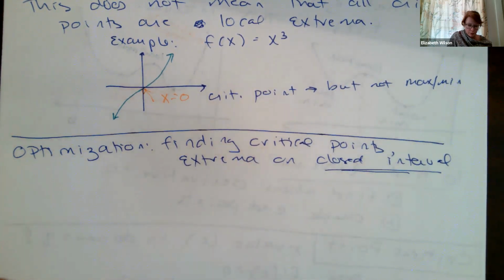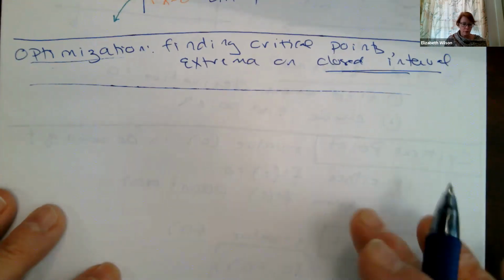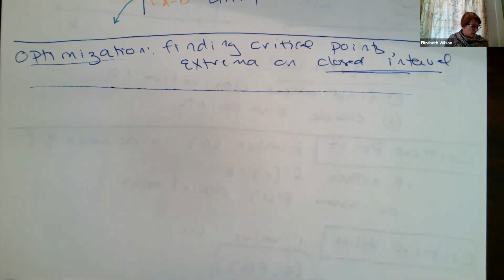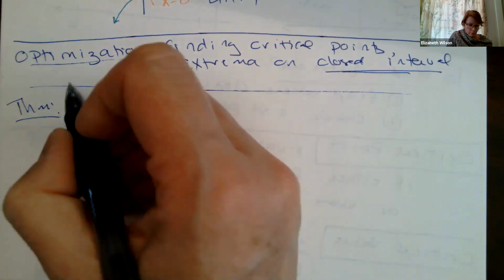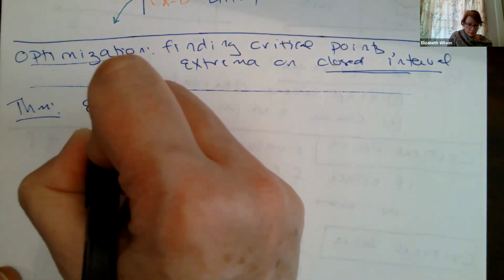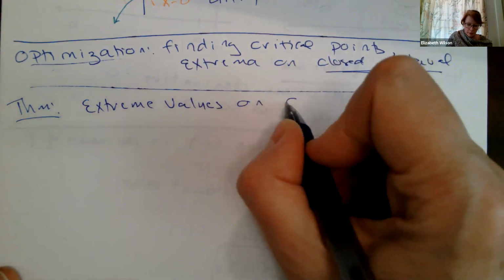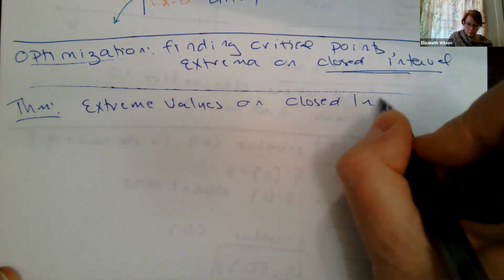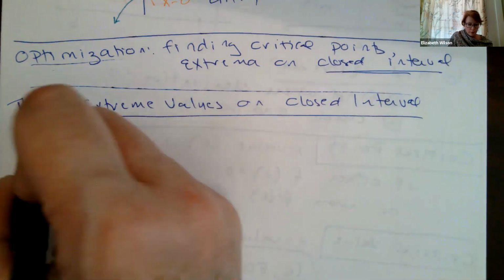Starting with the closed interval, we're going to work our way up through all the different cases. The optimization, we're just going to be looking for what these extrema values are. So let me write down our theorem and then we'll go through some stuff. Our theorem says we've got these extreme values on a closed interval.